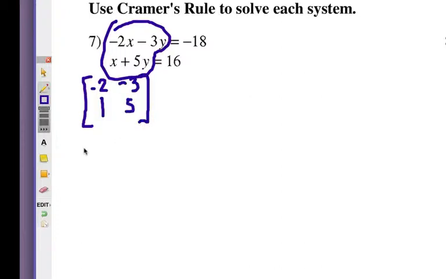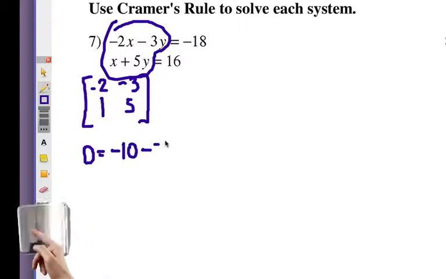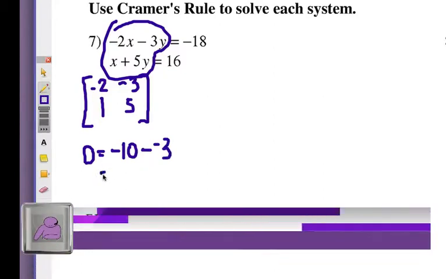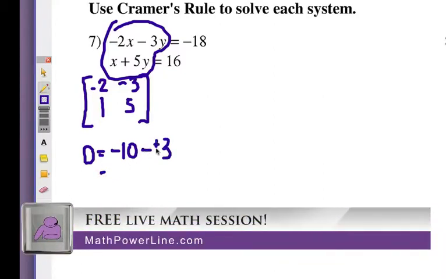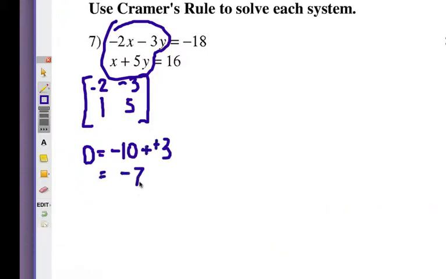Let's go ahead and figure out the determinant there. So cross multiply, that'd be negative 10 minus negative 3, which would have to be, change the sign there, a negative 7. We'll use that in our final step.